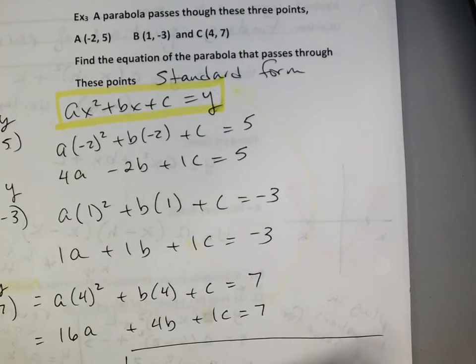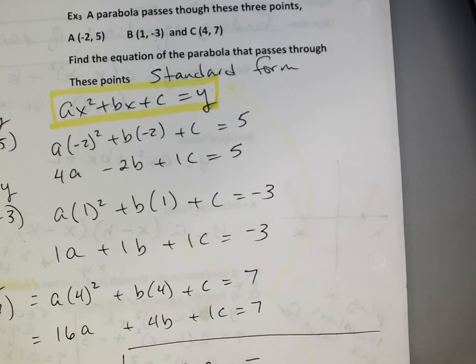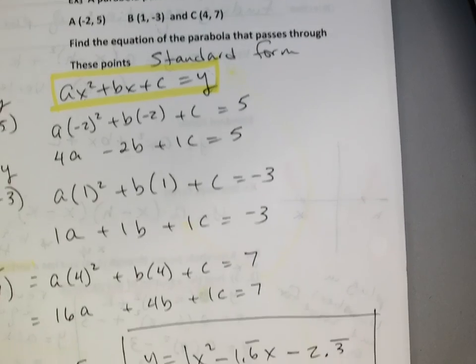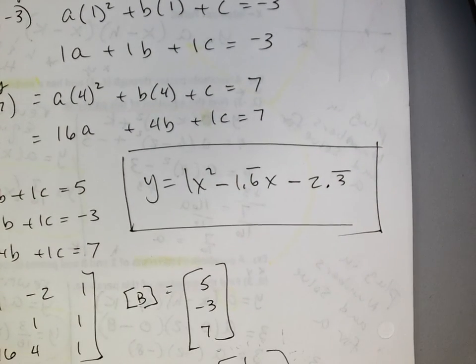I'll make it easy for you. And then what's C finally? Negative 2 1/3, or negative 2.3 repeating. Okay? Yeah. There's the equation. That was a lot of work, wasn't it? Yeah. Too much work. Never too much work. Never. All right.